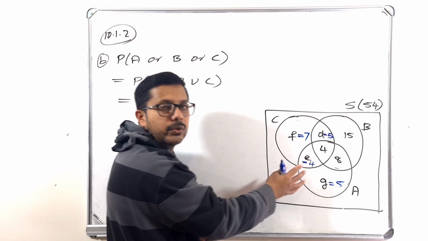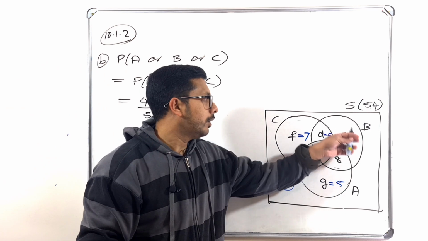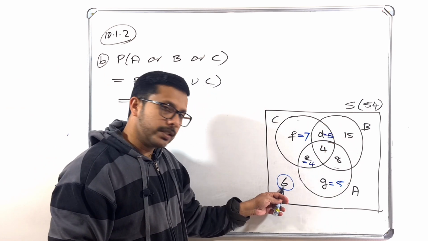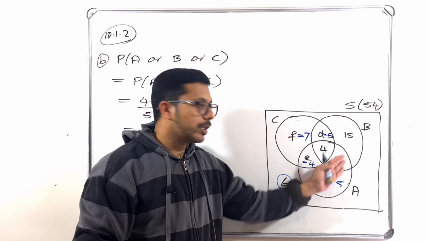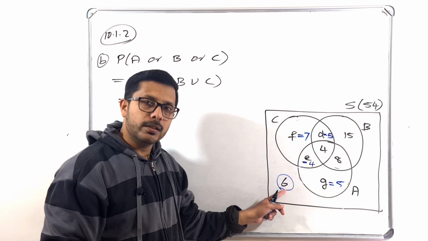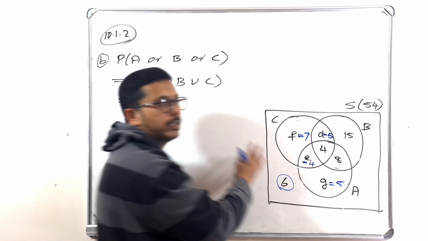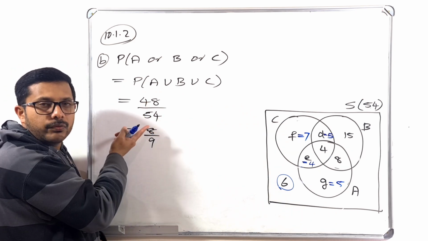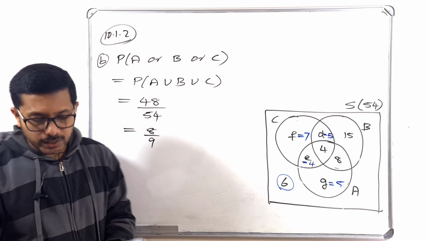You understand? So in both ways you can do. That is easier. The sum of all these numbers plus 6 is this 54, so you just subtract 54 minus 6, that is 48. Then the probability is divided by 54, that is 8 over 9. So that is question number B.